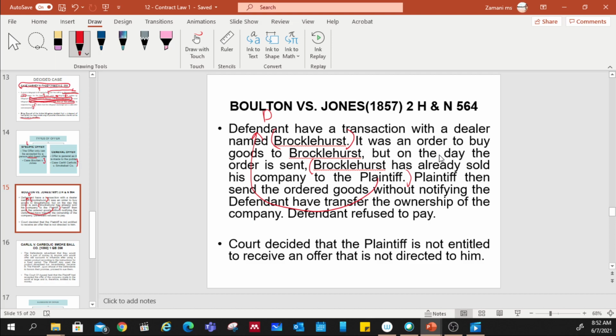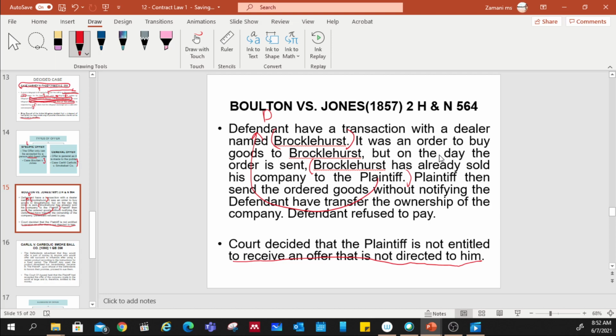So at that time, when the company had been sold to another, the offer was void. The court decided that the plaintiff is not entitled to receive an offer that is not directed to him. The defendant was not dealing with the plaintiff.